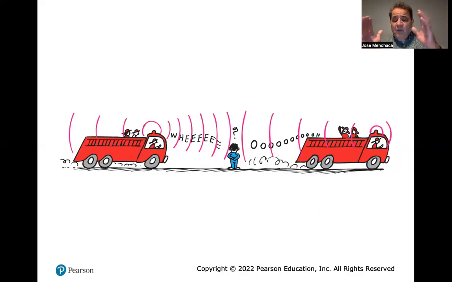So the waves are compressed, and you hear a higher frequency than you normally would. And as it passes you, since the fire truck is moving away from you, it lowers the frequency of the waves coming at you. Now the wave speed is the same, but the frequency varies. So this is the Doppler effect.